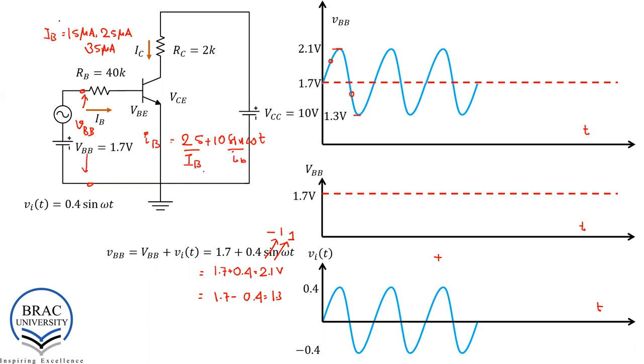So we learned that if we have our total base current, and somehow we know the value of beta, in that case we can determine the total collector current, which is beta times 25 plus 10 sine omega t.